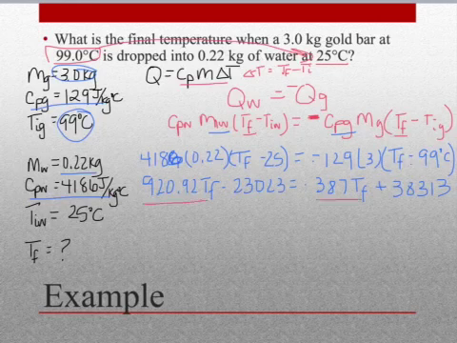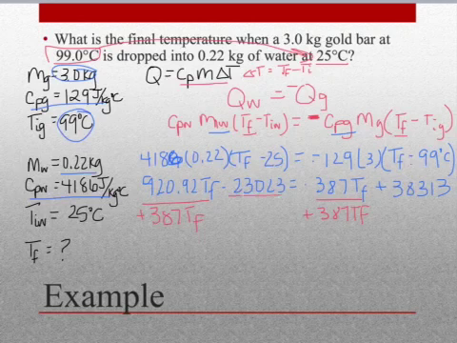Now the best way to solve this is we need to get our T's on the same side. So what I'm going to do here is add 387 TF to both sides. And then I'm going to add this number over to the other side, so I'll add 23,023 to both sides. And so we end up canceling this out and canceling that out.